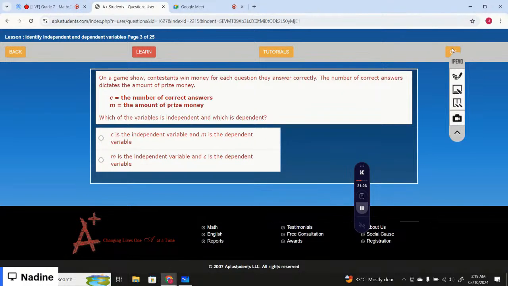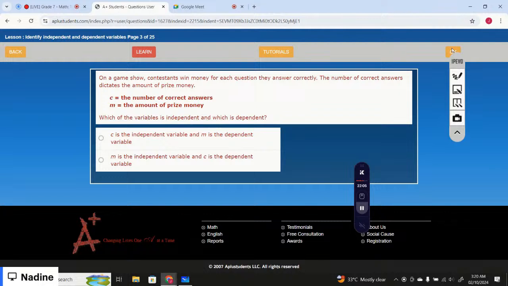On a game show, contestants win money for each question they answer correctly. The number of correct answers dictates the amount of prize money.